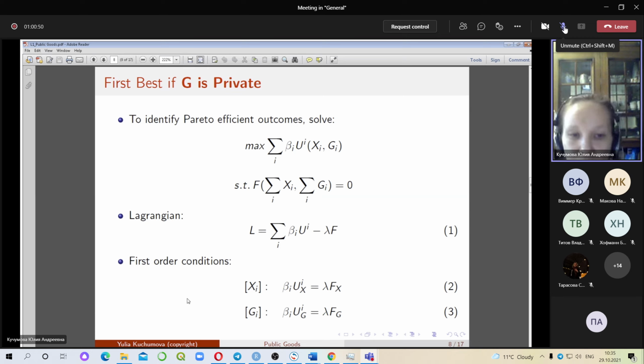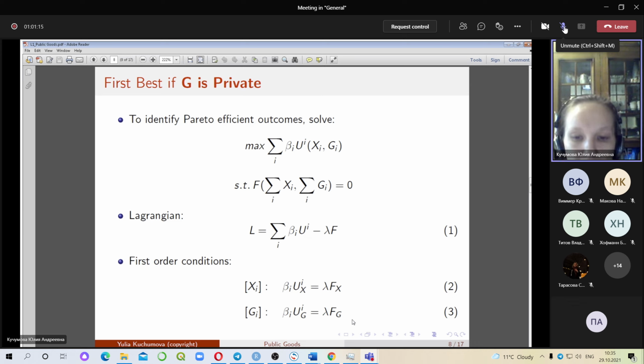Again, we then need to take the first order condition with respect to gi. It is equal to beta i multiplied by the derivative of ui with respect to gi, equal to the Lagrange multiplier lambda times the derivative of f with respect to gi.